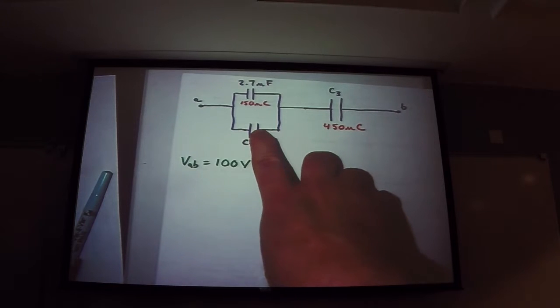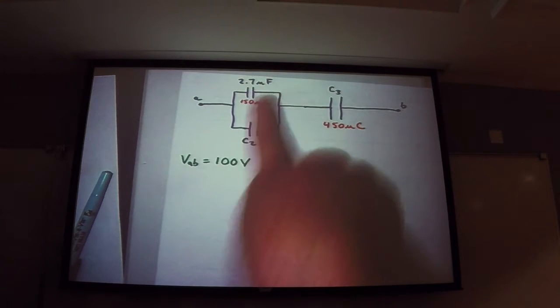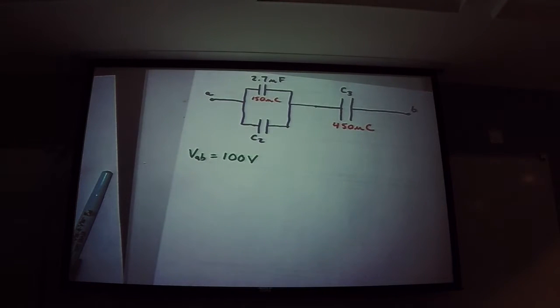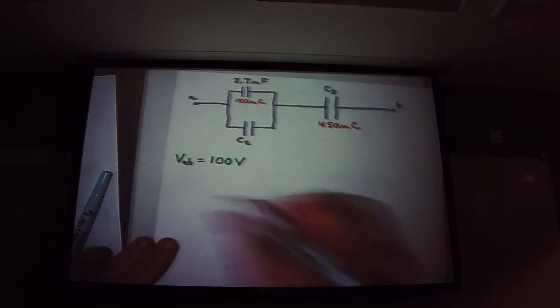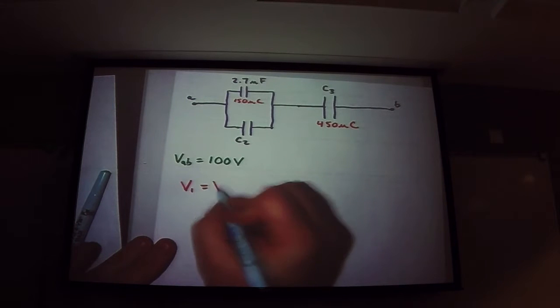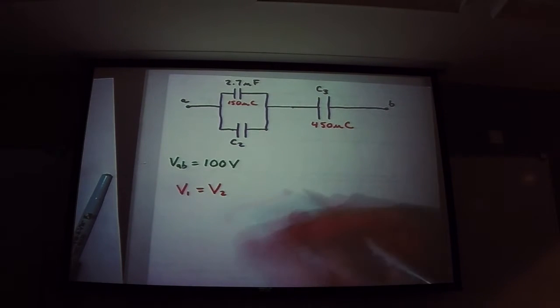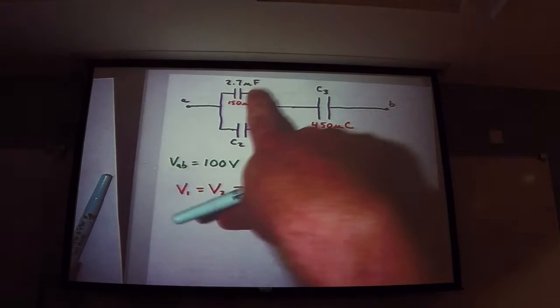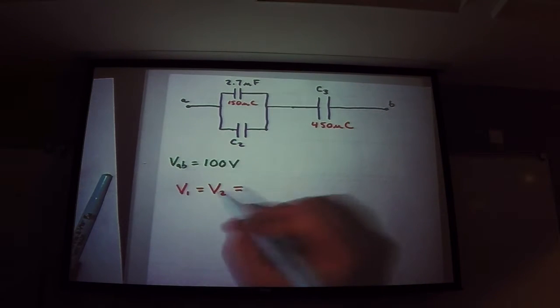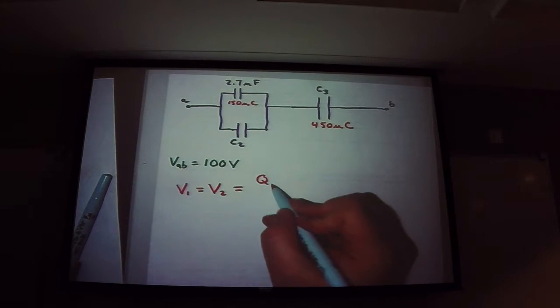Same? Voltage. So the voltage across this one has to be the voltage across this one. So in this case, V1 equals V2. And so V1 is Q1 over C1.